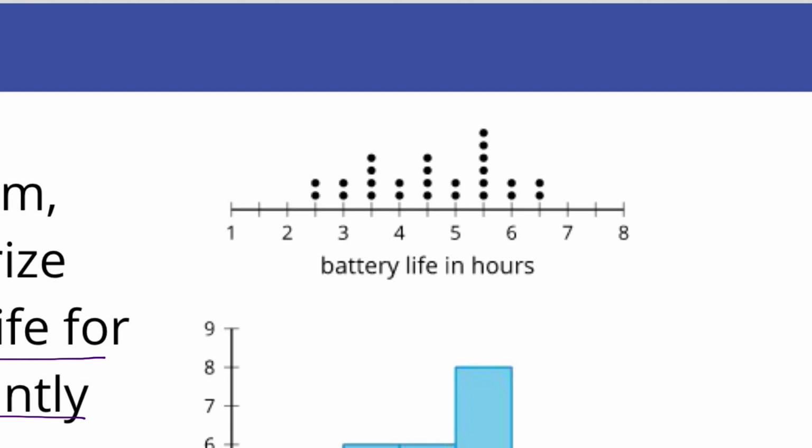From the dot plot, we know that this is our minimum. So the minimum is 2.5 hours. The maximum is 6.5. The mode is the one that we see the most, and we see that the mode is 5.5.